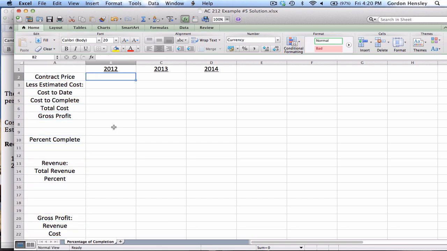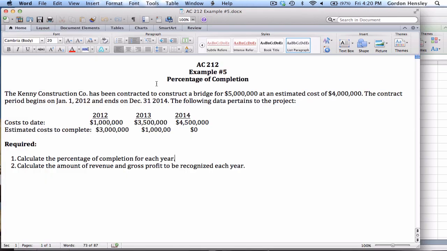We're not going to have a whole lot of calculations on this particular example, but we are going to have a lot of information that we will have to plug in, and we'll have to do a fair amount of looking for that information. So the very first thing I want to plug in there is the contract price. Now, it said in the example we've been contracted, and the original price that we were contracted to deliver this on is based on $5 million.